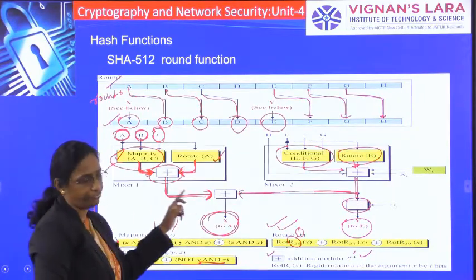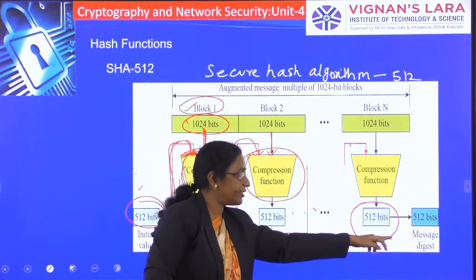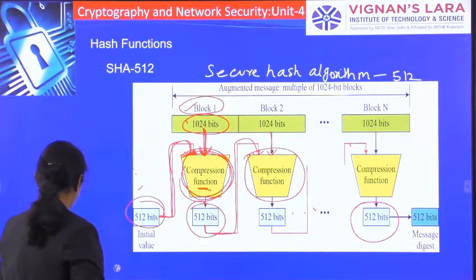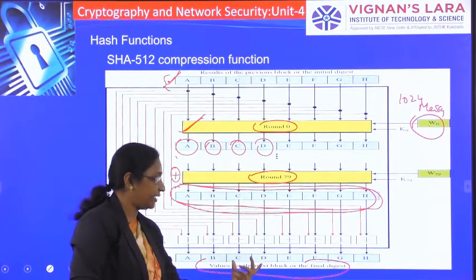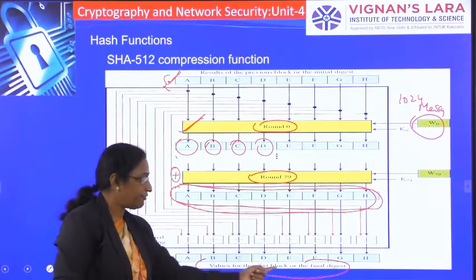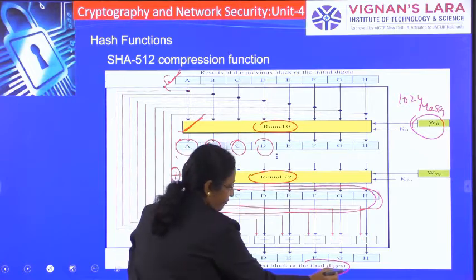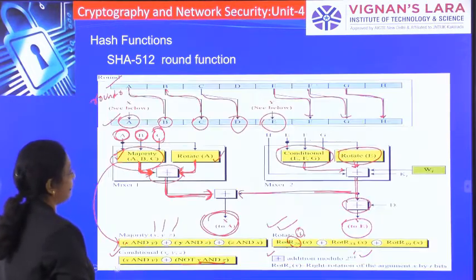This is the structure of each round. After going through the n blocks, whatever final output 512 bits you are getting will be your final digest value. So that is about the SHA-512 algorithm.